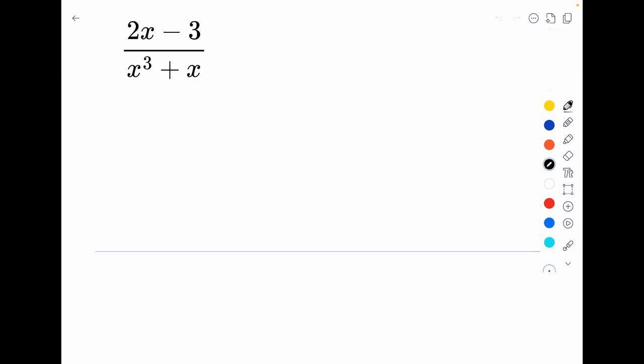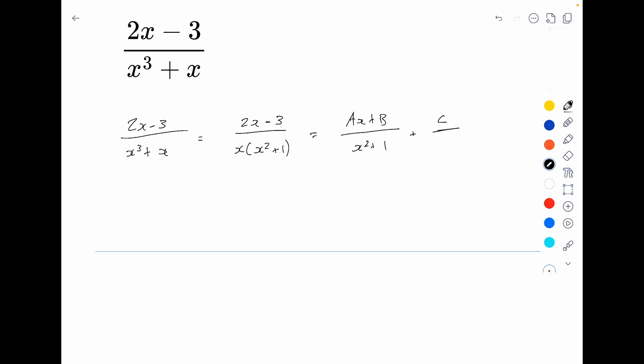We're going to say 2x minus 3 over x cubed plus x, which equals 2x minus 3 over x times x squared plus 1, which equals ax plus b over x squared plus 1, plus c over x. This is because we've got an irreducible factor, x squared plus 1.